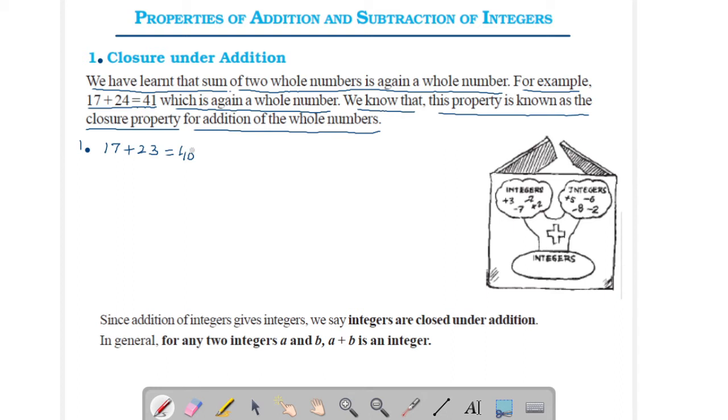And what is 40? It is an integer. What we observe, that result is an integer.